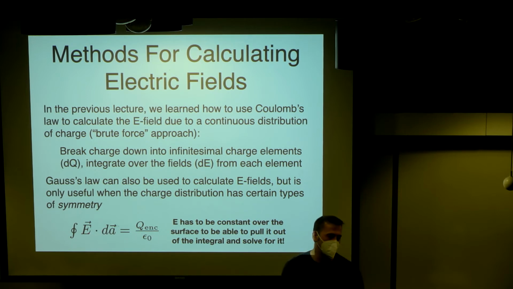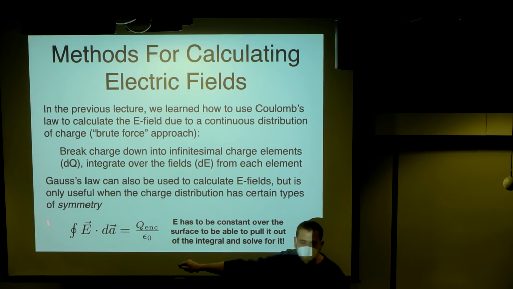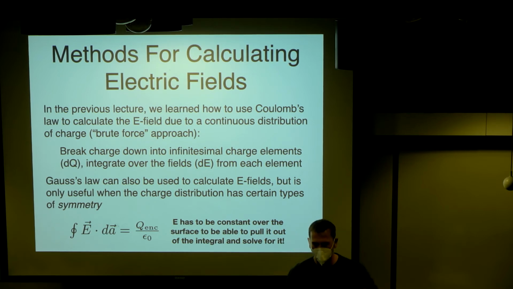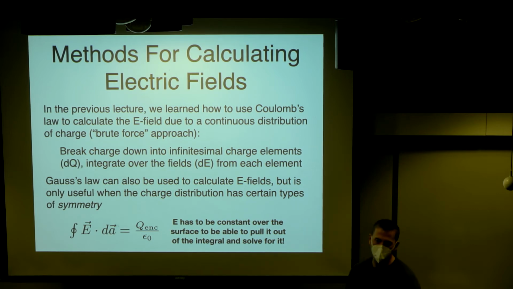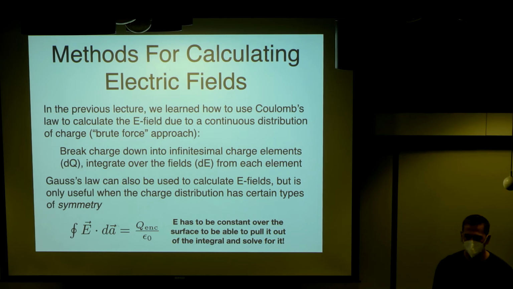How can I solve for E? The only way it would ever work is if you were able to pull E out of the integral, right? I would have to be able to pull E out of this integral in order to actually solve for it. And if I can't do that, then it's pretty much hopeless to use Gauss's law to solve for the E field, okay? So that's why it's only certain special cases where we can do that, okay? Good so far?